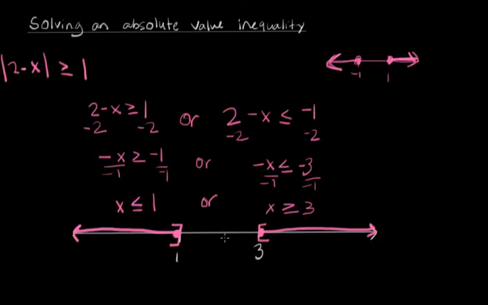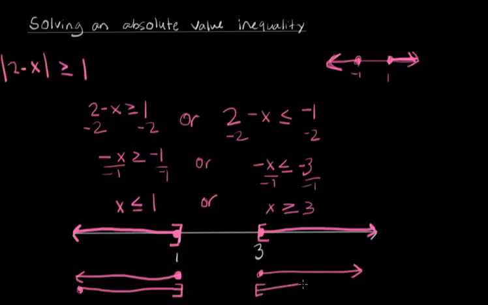And either one of those is fine. So you don't need to do both like I just did, but either this closed circle or this with a bracket. Either one of those is fine, and they mean the same thing.